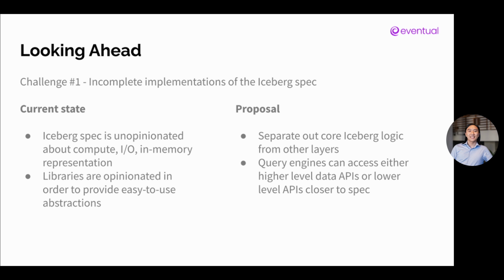And the alternative to that, our proposal, is to essentially separate out the logic of the core Iceberg functionality from the other layers of compute, I/O, and memory representation, so that query engines can access either the lower level, close to spec APIs, or the higher level data interfaces.